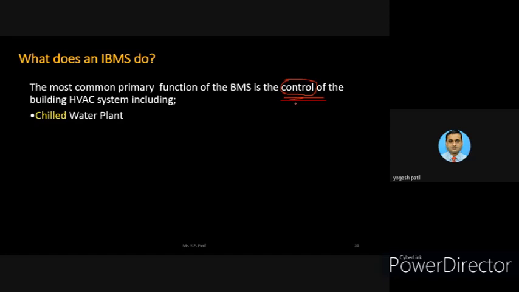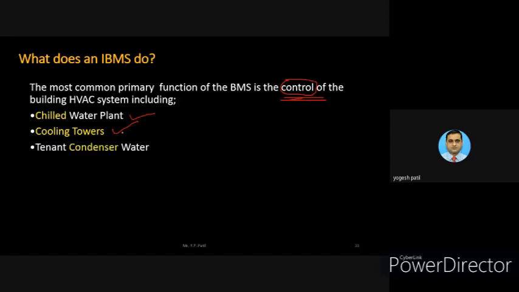So very important is the chilled water plant, that is a very important part in this particular HVAC system. Then cooling towers, which are also linked with this particular chilled water plant. The cooling tower is one part of this chilled water plant, but there are many separate functions required to be controlled in the cooling tower also.